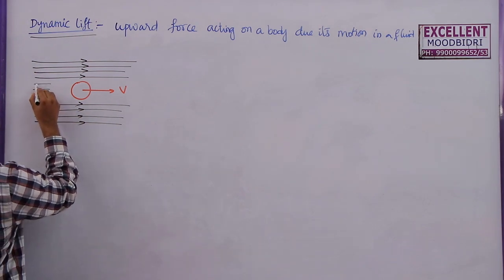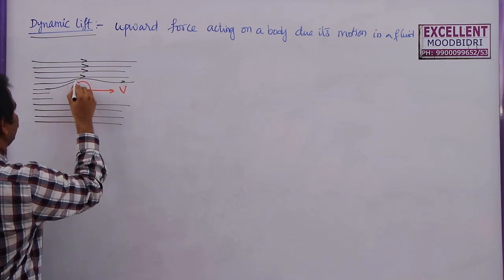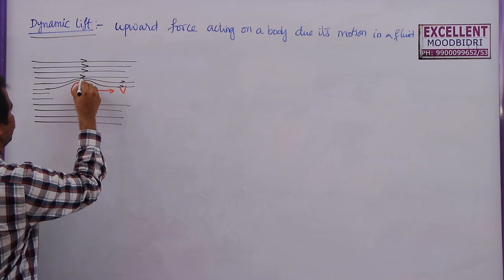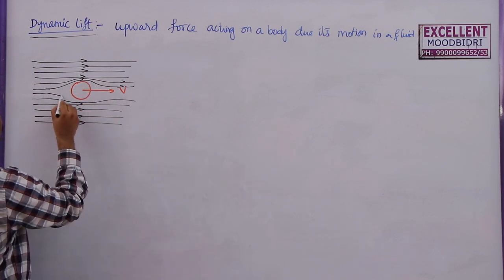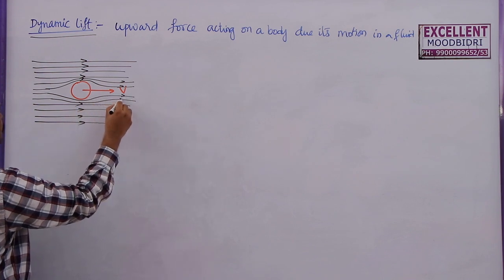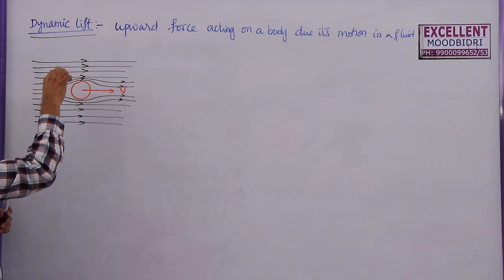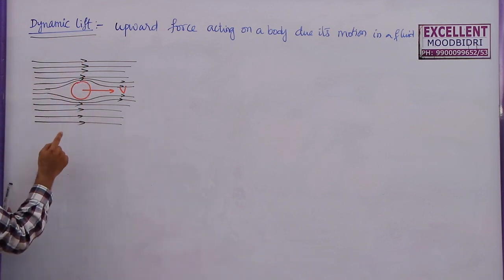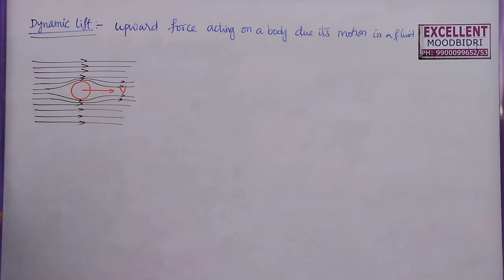They will try to move in this small gap, this gap, and this gap. So you can see the pattern of the streamlines of air above the ball is similar to the pattern of the streamlines of air below the ball.